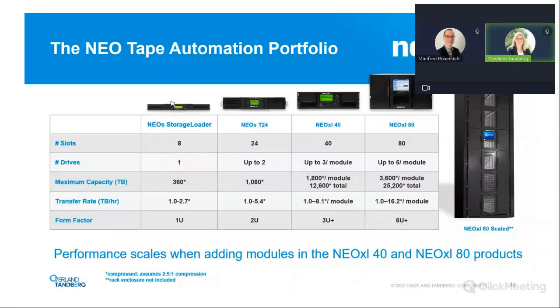Especially the Neo XL models, they can be expanded by additional expansion units. So you can have up to 6 drives in a Neo XL80 per module. And as you can see in the picture on the right side, you can put 6 expansion units as addition. And so you can get up to 36 drives in one library.